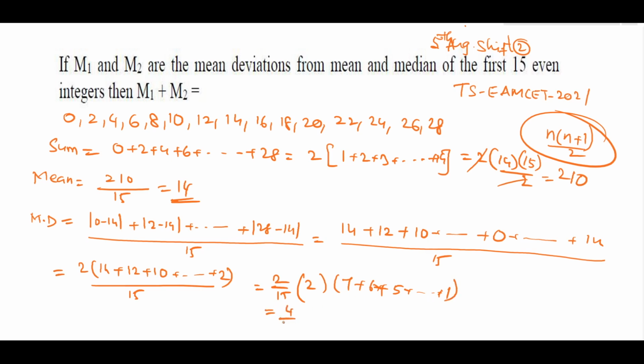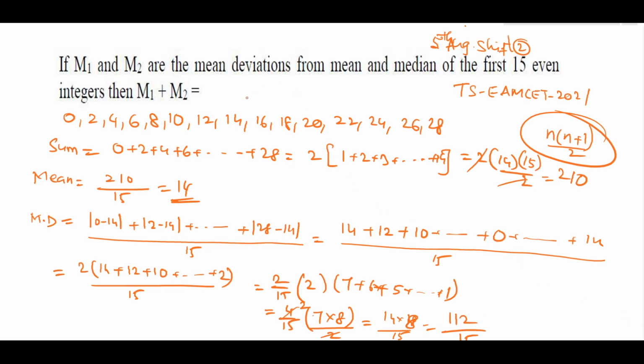That is equal to 4 by 15 into 7 into 8 by 2. So here the 2s cancel, that is 2 into 7, 14, that is 14 into 8 by 15, that is 112 by 15. This is the value of the mean deviation about the mean.